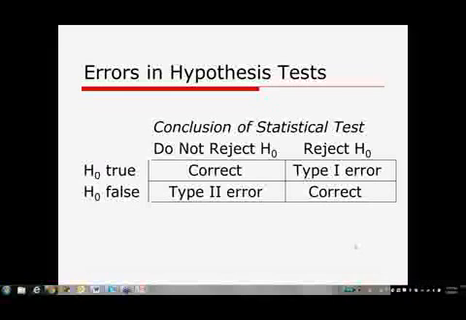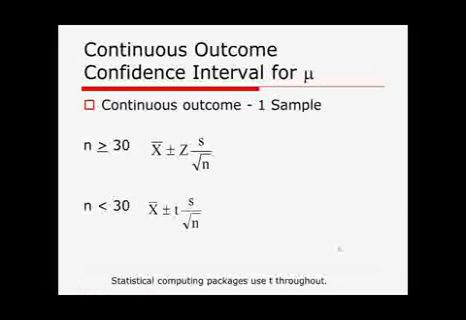Okay. So let me walk through some different applications for you. If you have a continuous outcome and you have one sample, then one of the analyses that you can do is estimating the mean value for that continuous outcome in the population.